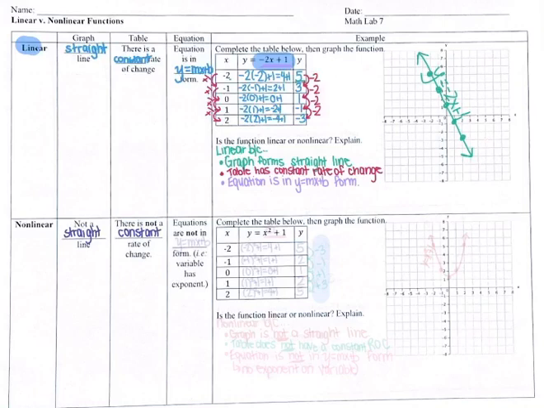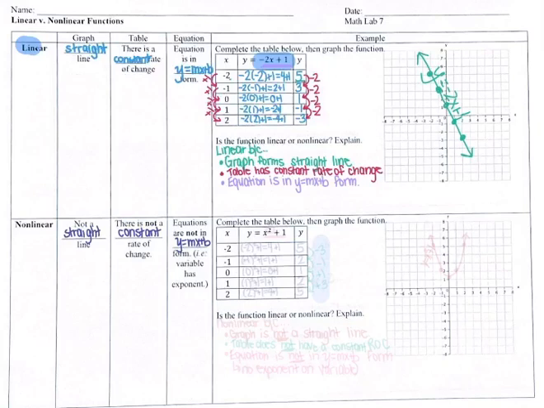And our equations are not in y equals mx plus b form. So that may be things like having a variable in the denominator, having an exponent on that variable, anything that's not in y equals mx plus b form.